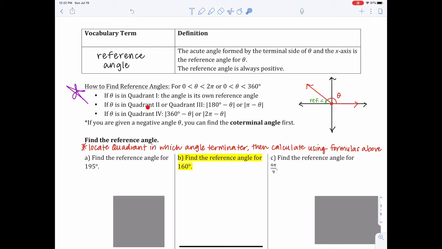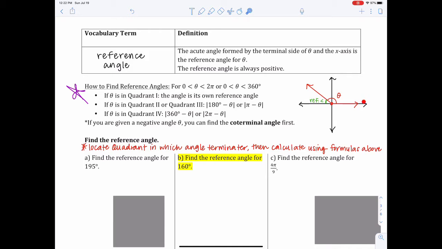If we have a terminal side in quadrant 4, meaning we are down here, we would subtract from the whole, so what would be 360 or 2 pi, or you could subtract from 0 technically because we're over here.